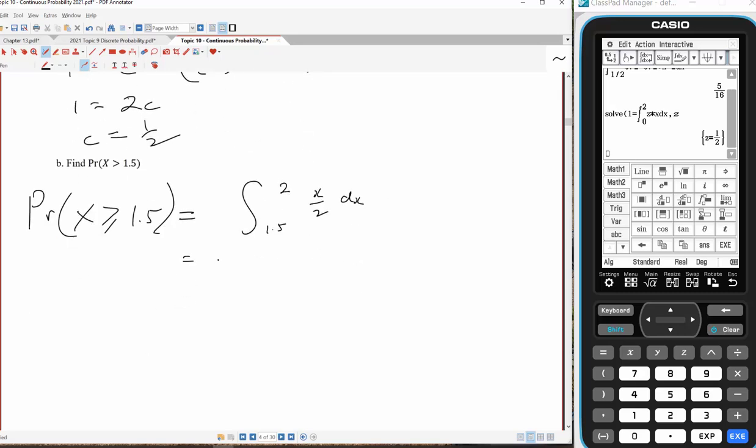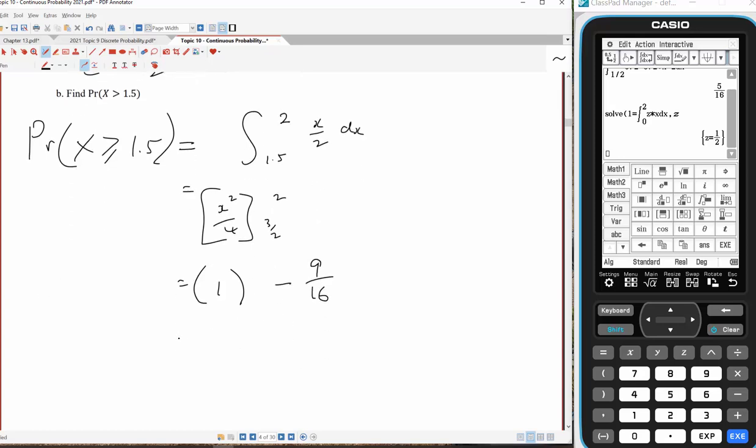The antiderivative of that is power goes up and divide, which is x squared on 4, between 2 and 3 on 2. 2 squared is 4, 4 divided by 4 is 1. 3 on 2 squared is 9 on 4, and 9 on 4 divided by 4 is 9 on 16. So we've got 16 on 16 take away 9 on 16, which is 7 on 16.